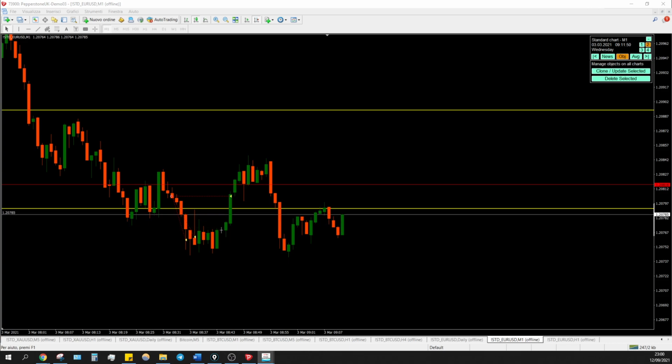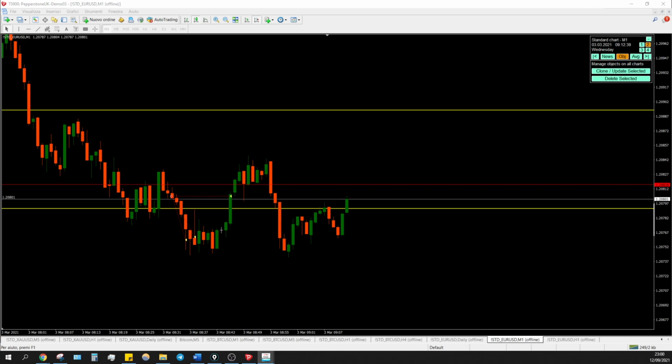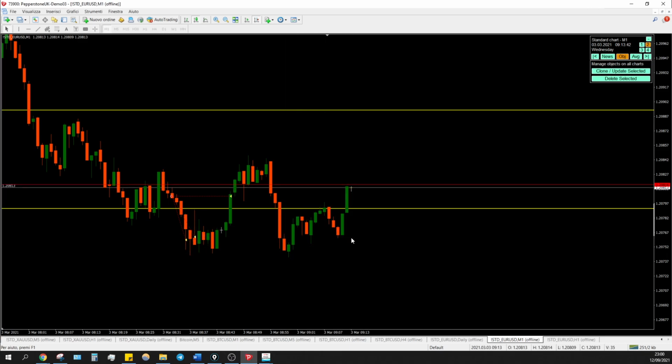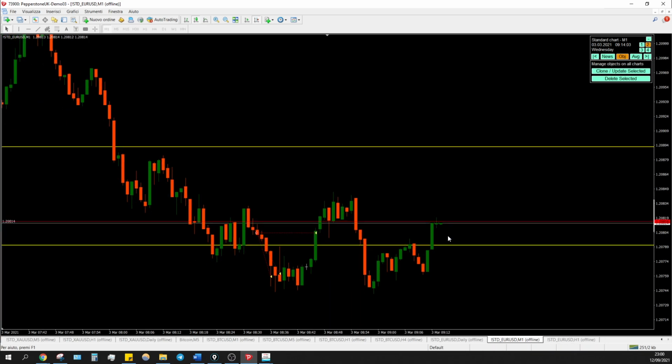Okay, give me the retest. This is not a retest. This is an engulfing, validating the double bottom and validating a new higher low.